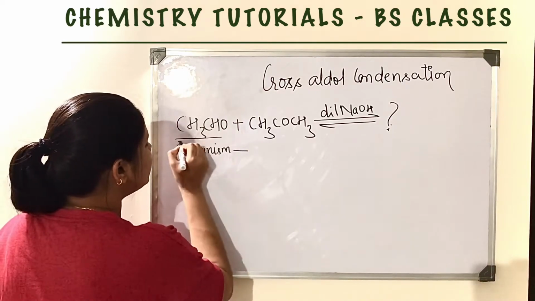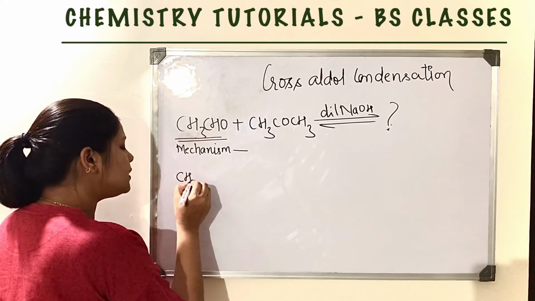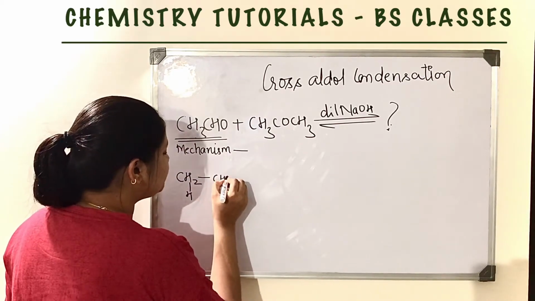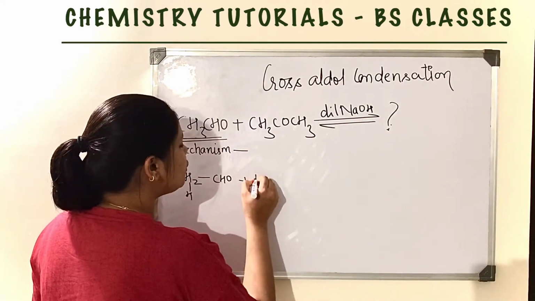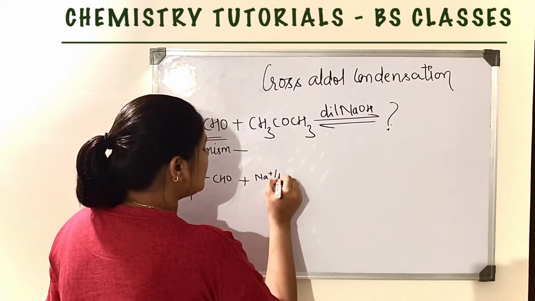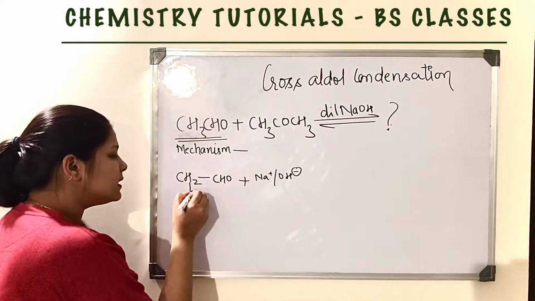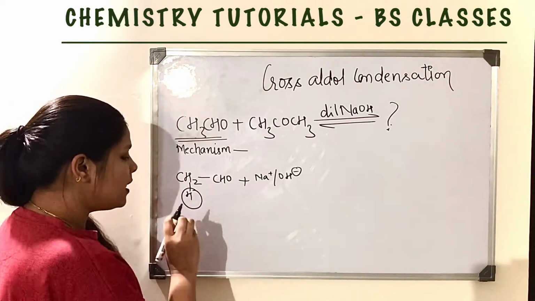If this aldehyde reacts with itself, we have to take the first product of aldehyde as a starting material, and there is a base in the medium, so the nature of the base is to abstract acidic hydrogen, and we know this is the alpha hydrogen, and alpha hydrogens are highly acidic in nature.